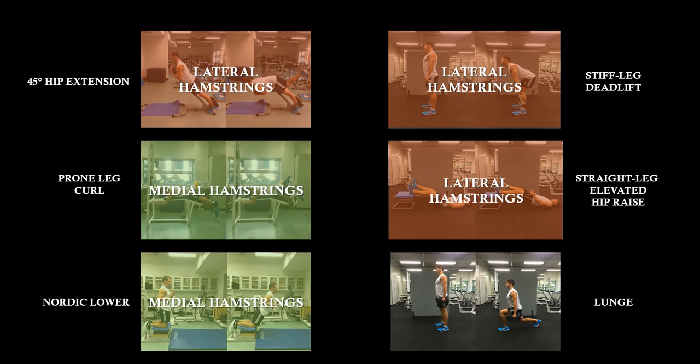Hip is fixed, knee flexes and extends. With the 45-degree hip extension, the hip is flexing and extending whilst the knee stays in a fixed position. Now, in the case of a lunge, you have simultaneous motion of the hip and knee.